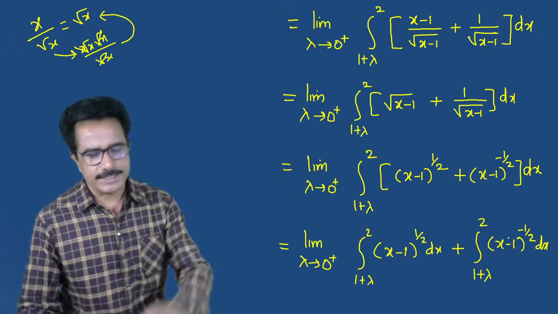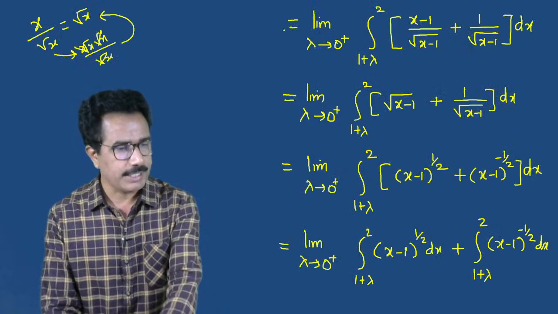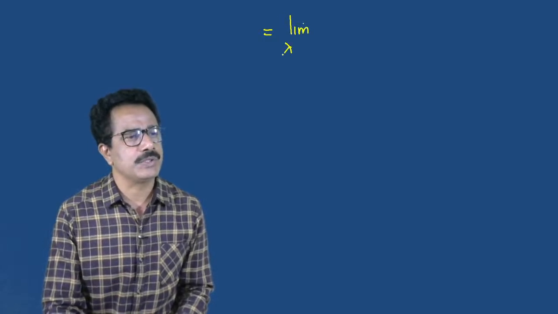So we can write limit lambda tends to 0 positive.